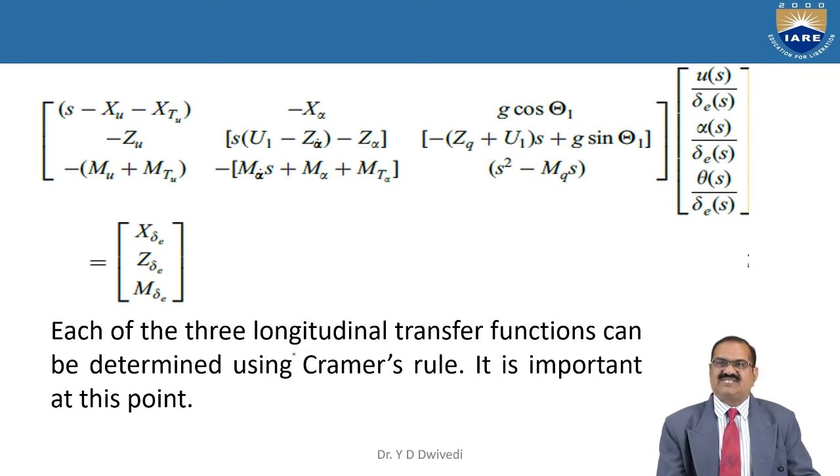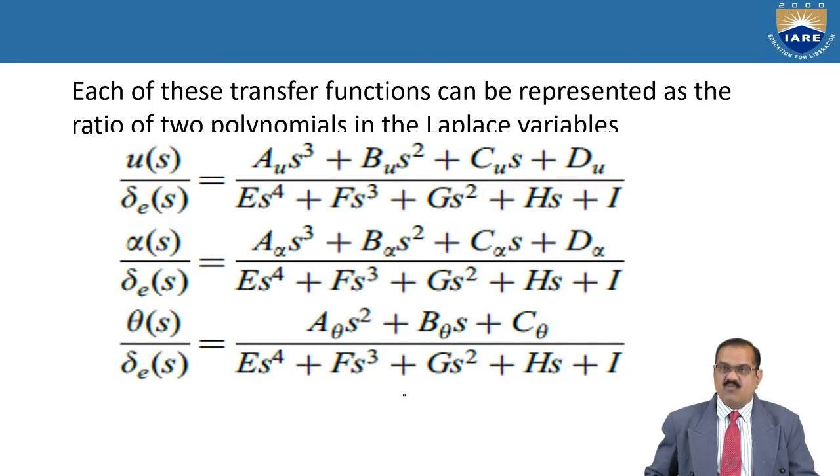So each of these three longitudinal transfer functions can be determined using Cramer's rule. It is important at this point that each of these transfer functions can be represented as the ratio of two polynomials in the Laplace variable.